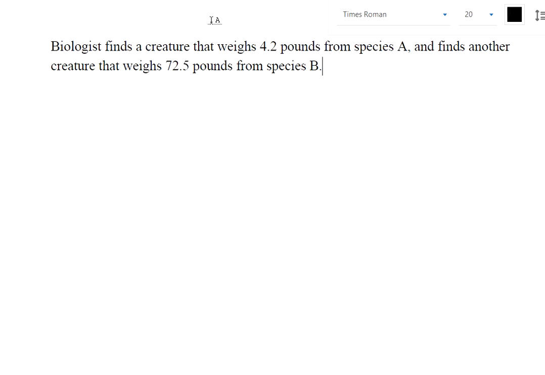Biologist finds these two creatures, and the biologist has an idea of how much these creatures usually weigh. And the biologist knows they're above average. That means they've been finding food, they're likely to reproduce, so this is a good thing. Okay, so which one is the biologist more excited about? The 4.2 pound species and the 72.5 pound species? Obviously, they're totally different creatures, right? So it's not fair to just say species B.